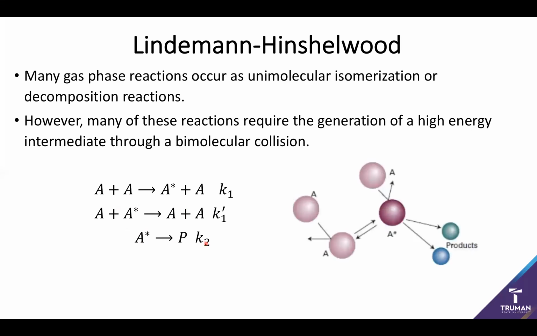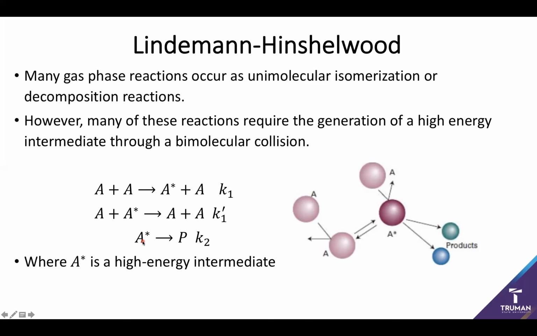And we can also imagine this kind of pictorially, where I'm going to have a high energy molecule collide with my original reactant of interest, which can then again activate it to increase the energy to an activated state, which can then either decompose by the same mechanism, or it can essentially break apart into products, or again, a simple rearrangement. And again, the focus here is this A prime is going to represent this high energy active intermediate.